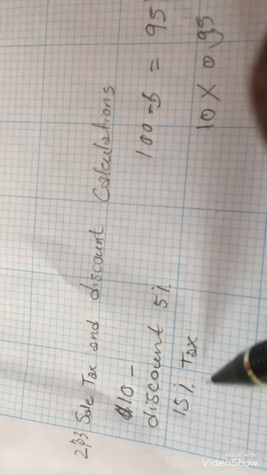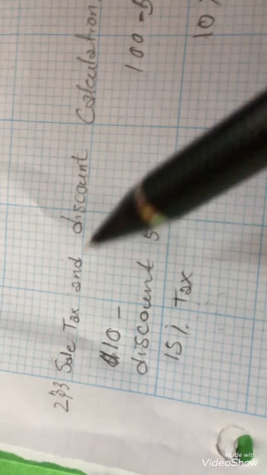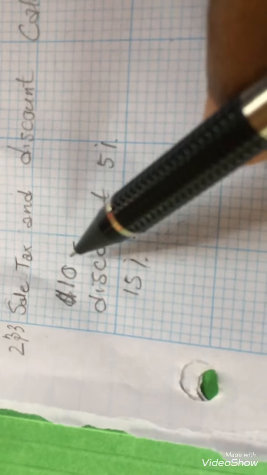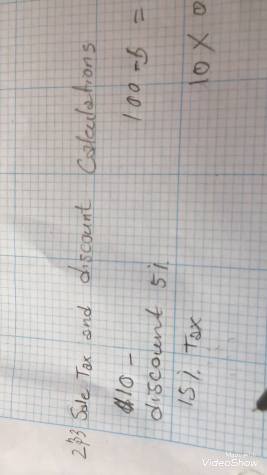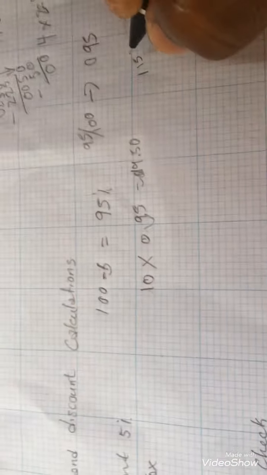But now the government says that we have 15% tax. When we have tax, the 15% tax is added to this price, so we're paying 100% of $9.50, right? And 15%, which is the same as 115%, right?